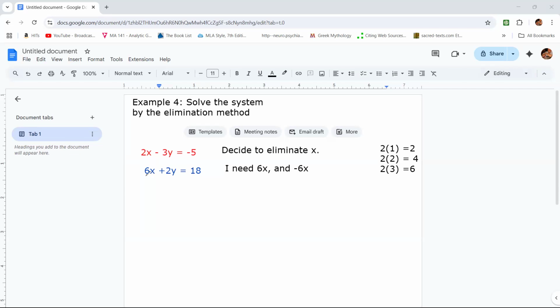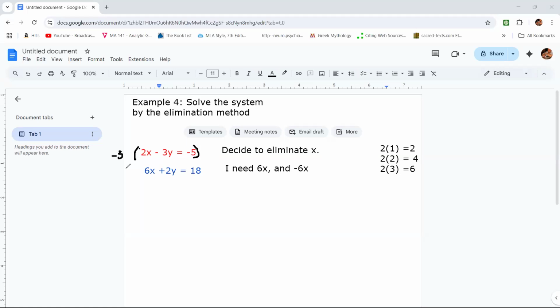This is a 6x. I need this term to be a negative 6x. So what I'm going to do is I'm going to multiply by -3. So I'm going to take my equation here, and I'm going to multiply it by -3.